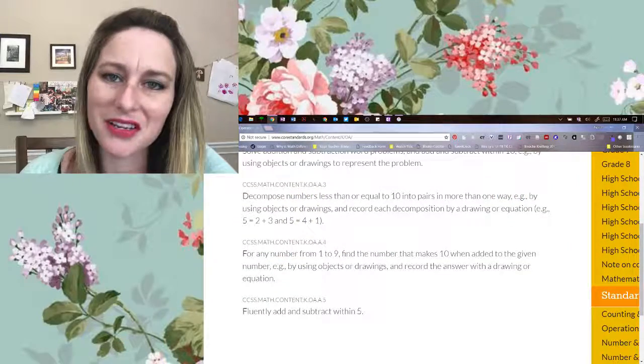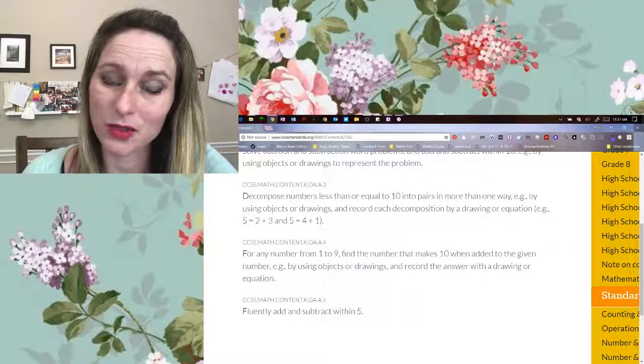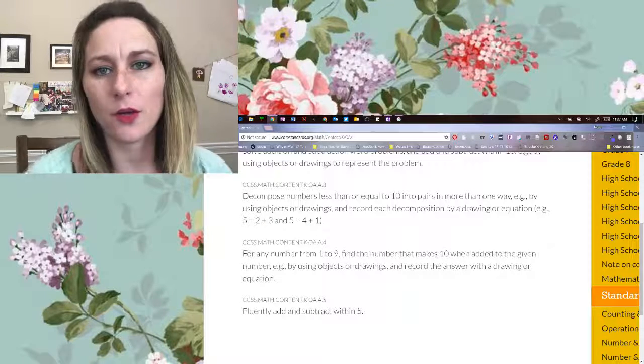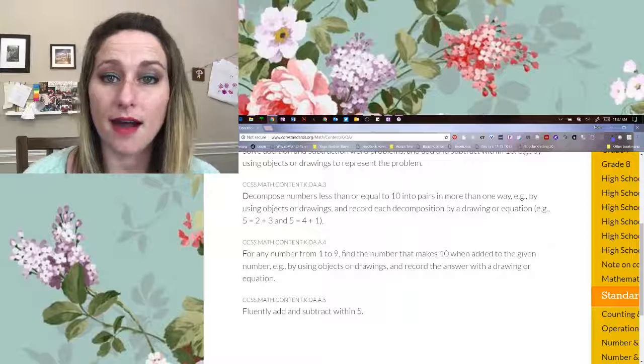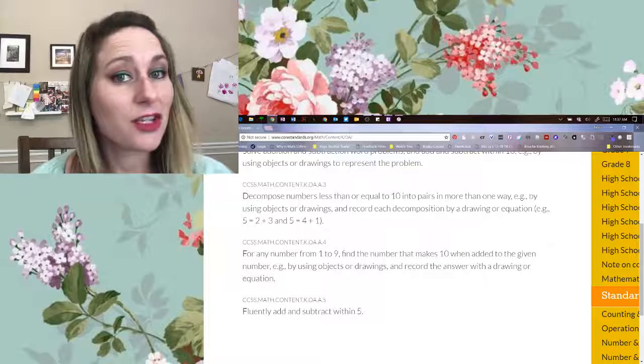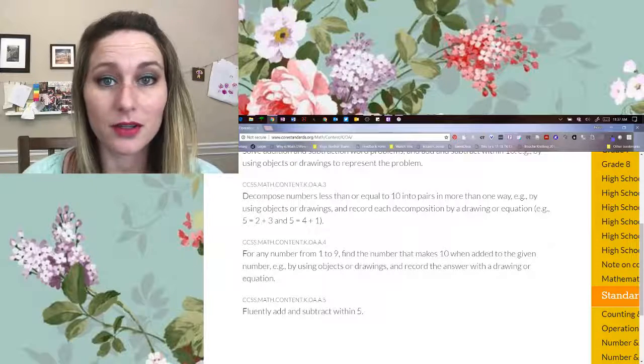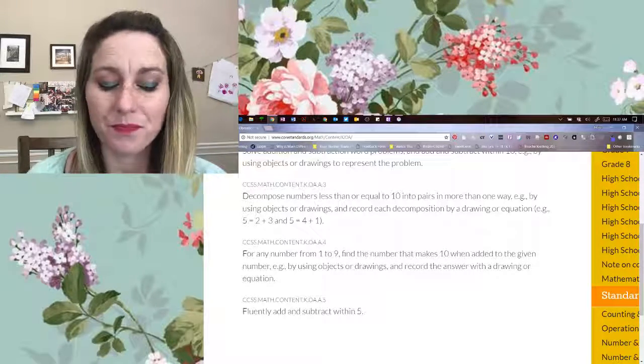There's one more standard hiding down here that I couldn't fit on the screen, and this is our fluency standard for kindergarten. In kindergarten, we expect students to have fluency within 5. Now, that doesn't mean just 5. That means that they understand their facts to 3 and 4 and 1, all of them.